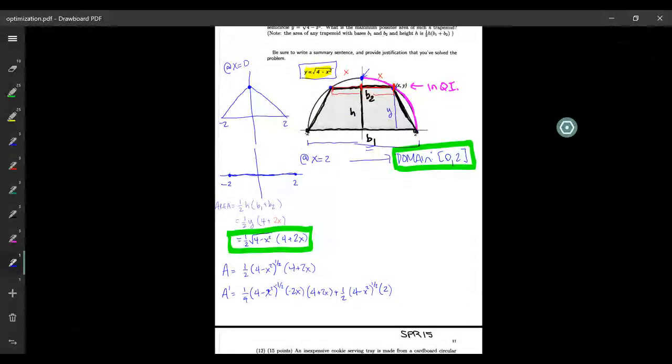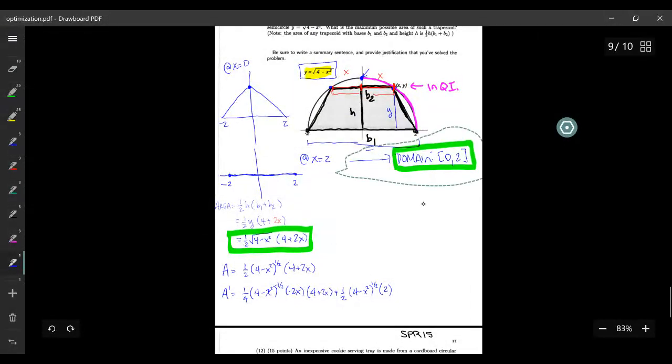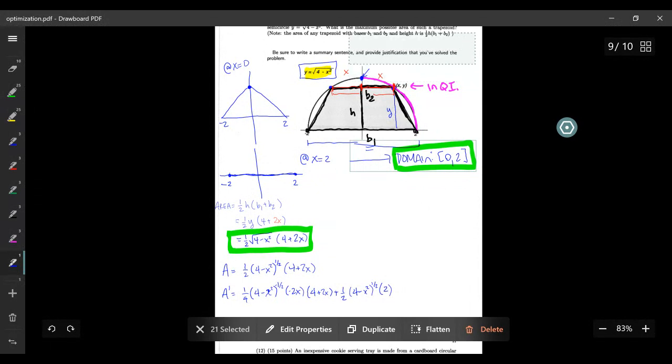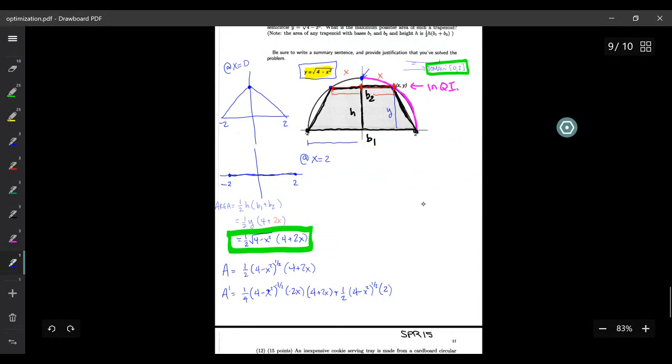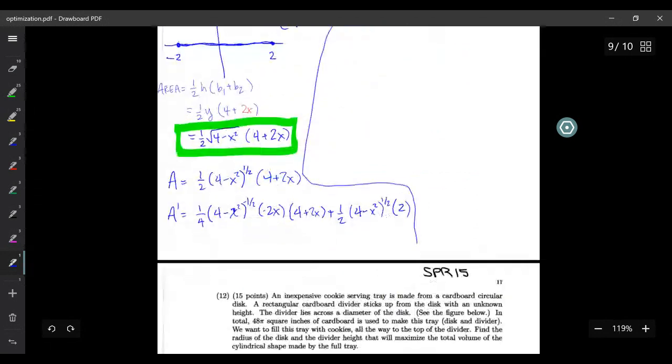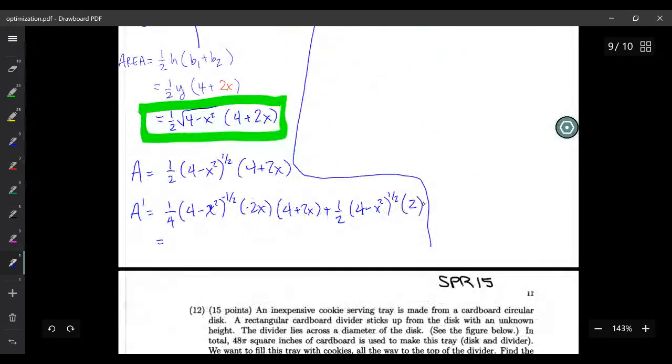All right, I'm going to move this domain piece so I have that space to work with. Okay, so let's clean this up. So 1/2 times a -2 gives me a -1.